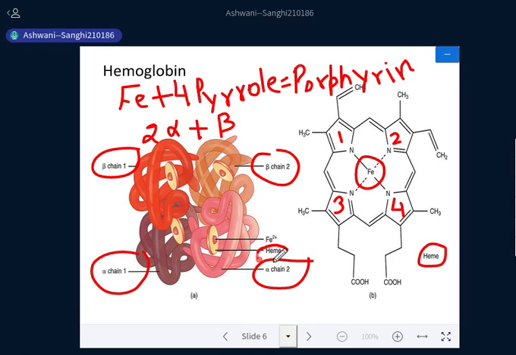Heme plus 4 chains, 2 alpha and 2 beta chains.